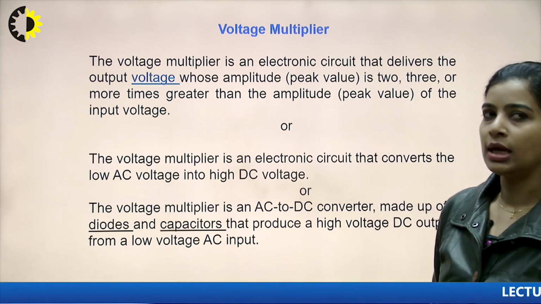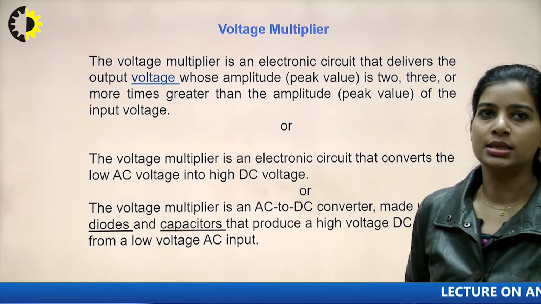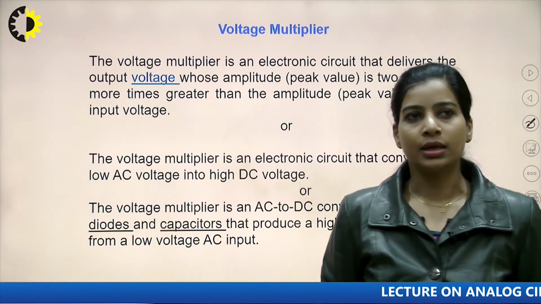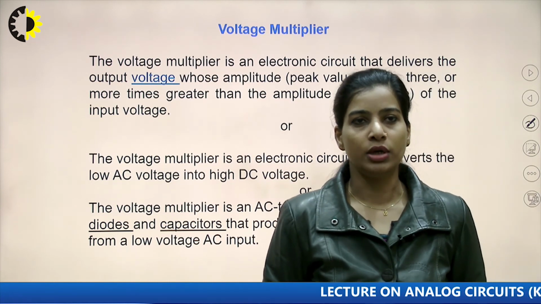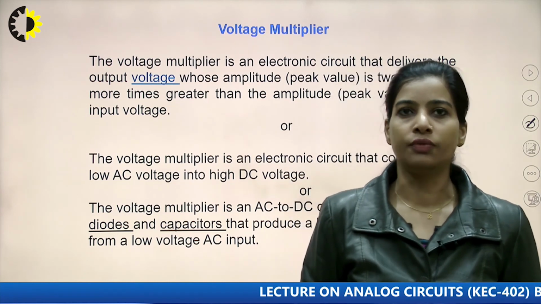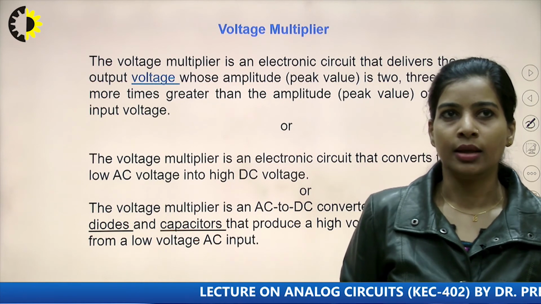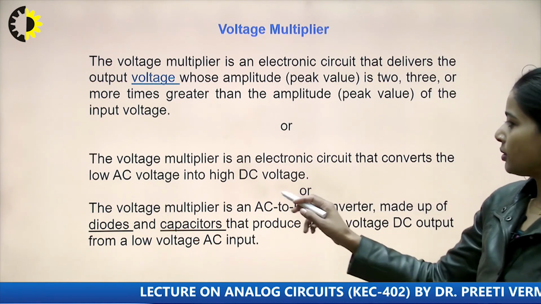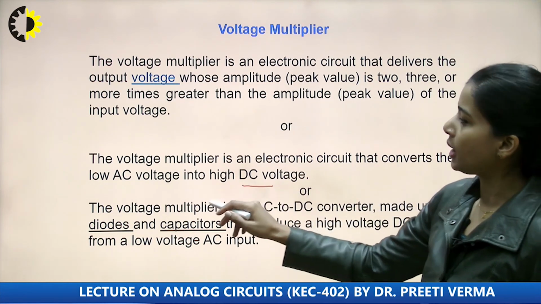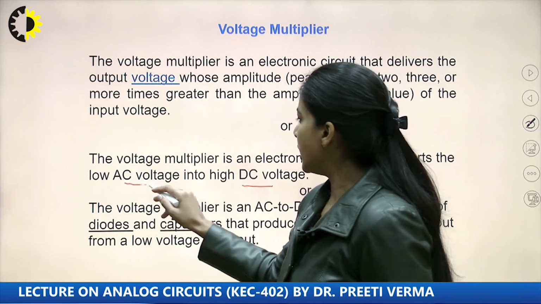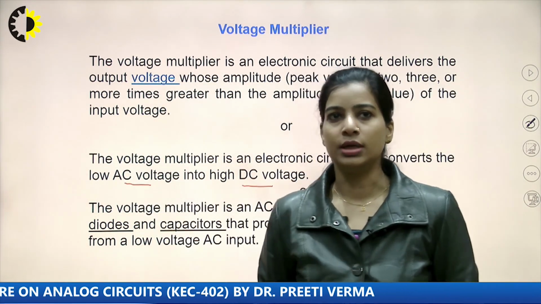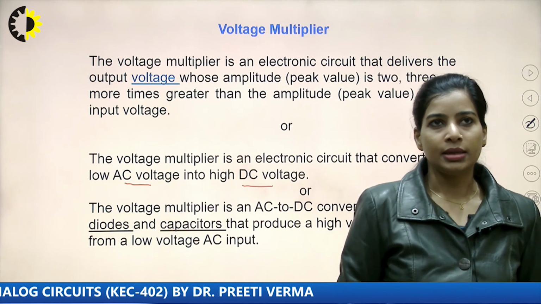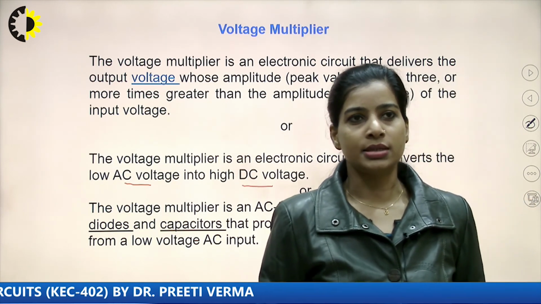Or we can say a voltage multiplier is an electronic circuit that converts a low AC voltage into a high level of DC voltage. So, this seems similar to the rectifier, which converts AC voltage to DC voltage. But there is a difference in the voltage multiplier circuit.